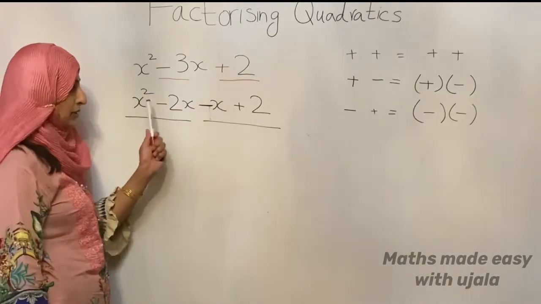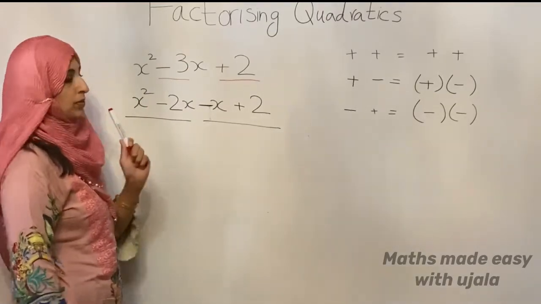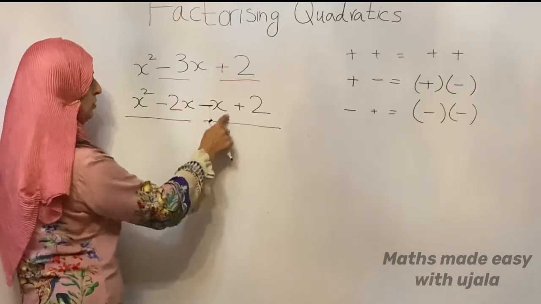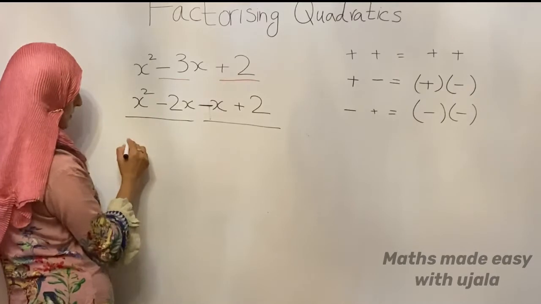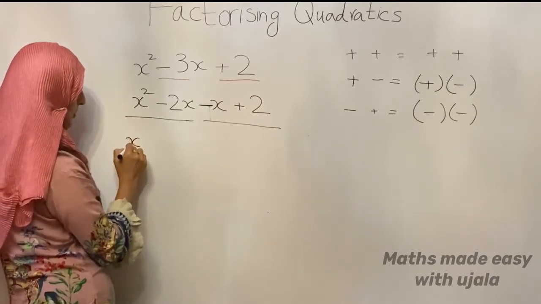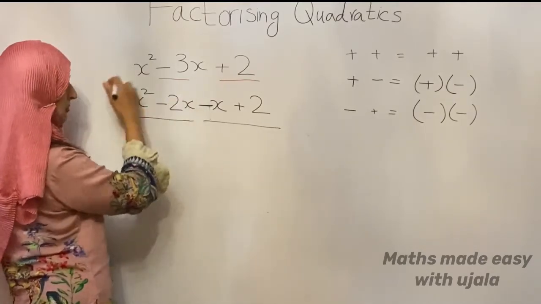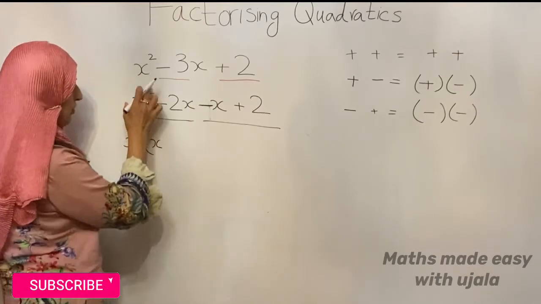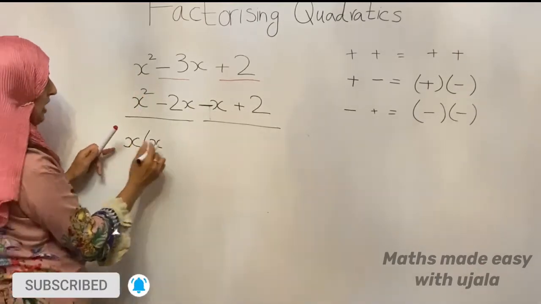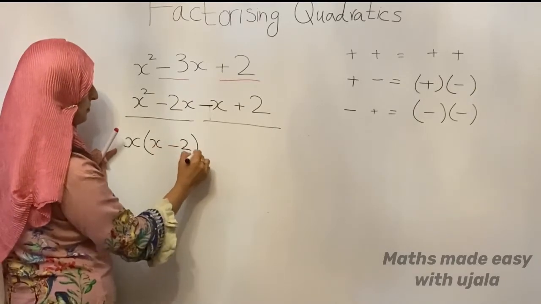And if you multiply, 2 times 1 is 2, and minus minus plus, so plus 2. Again, factorize these two terms. X is common. I will take the common term outside and the leftovers are going to be inside the bracket. From 2x, 1x came outside, minus 2.